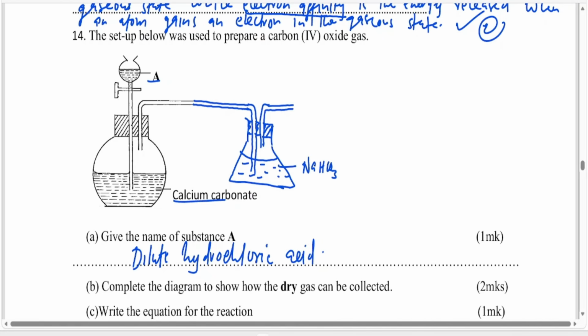Then from there I pass the gas through another conical flask that contains concentrated sulfuric acid. So I have concentrated sulfuric acid.